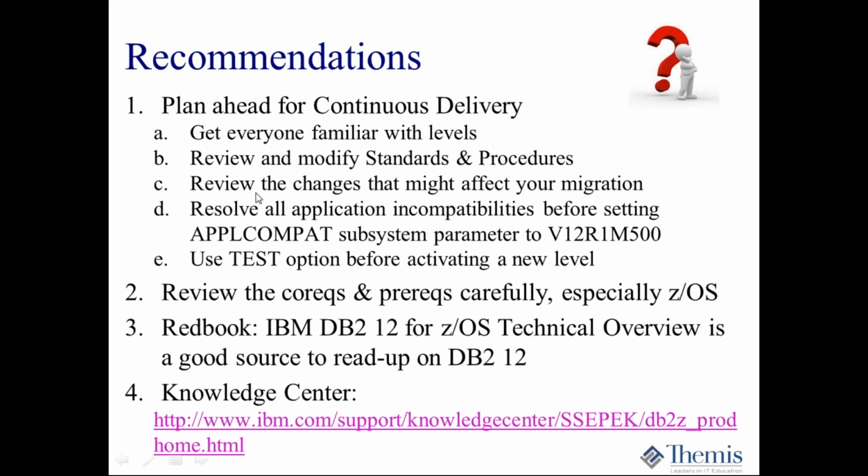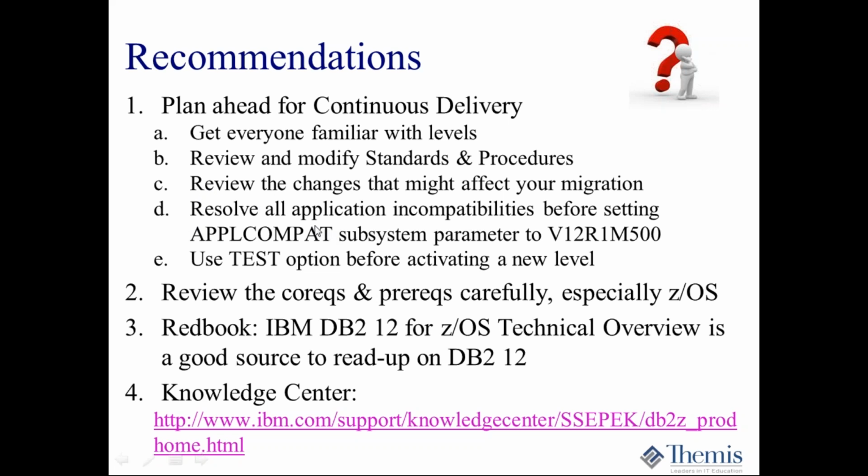There's a lot of prereqs and coreqs. I missed one. We missed one. It was a ZOS one. That's all right. It had to do with hardware compression. A fix in ZOS that actually stopped me from getting DB2.